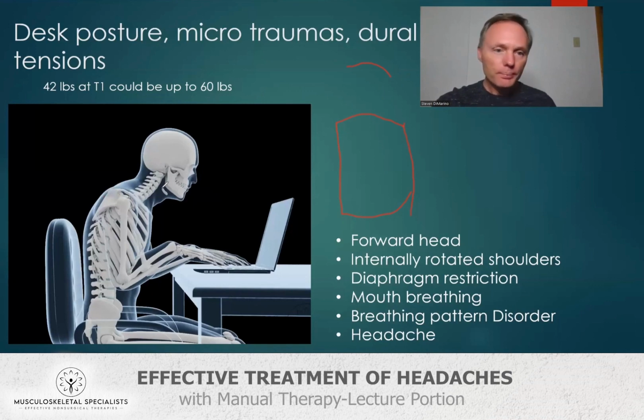Okay, so this guy's diaphragm is this way. So where is that pressure going? This way. It's not going down into his pelvic floor. It's going against his back right here. And so what will happen is the body will start overactivating the posterior portion of the diaphragm.